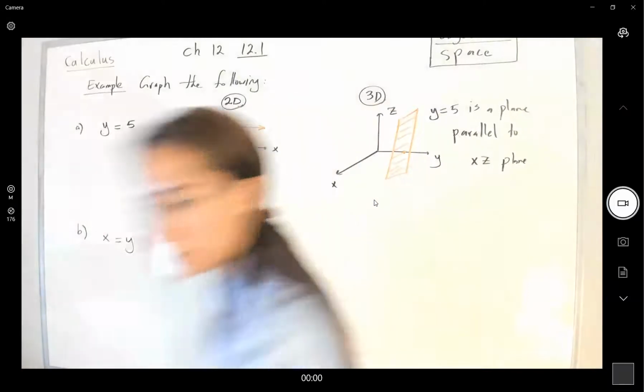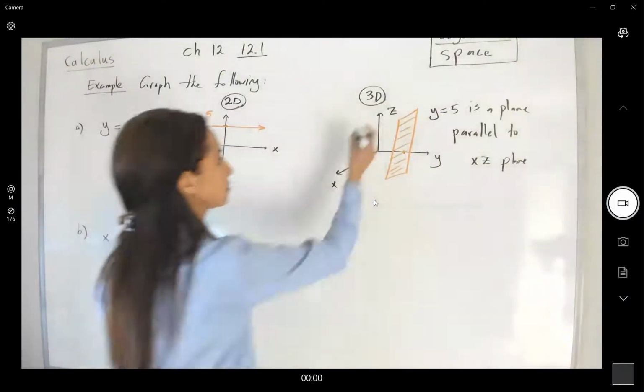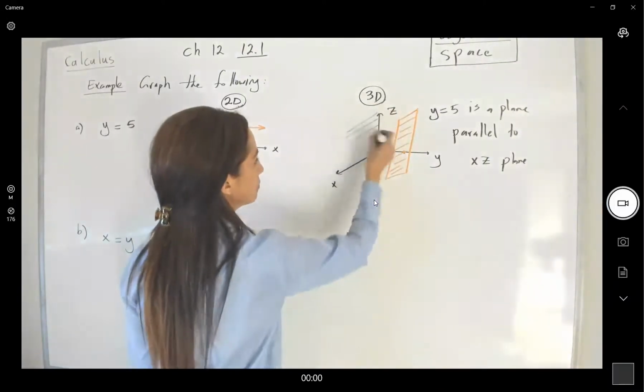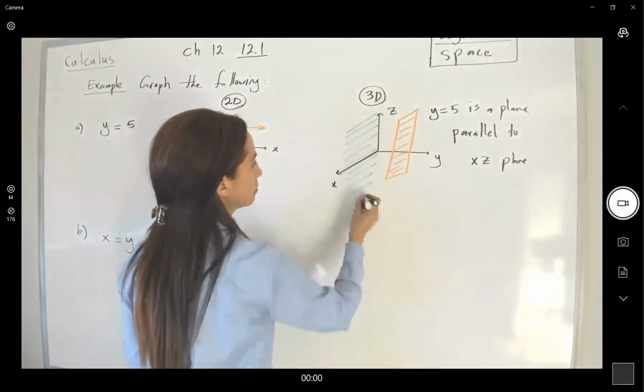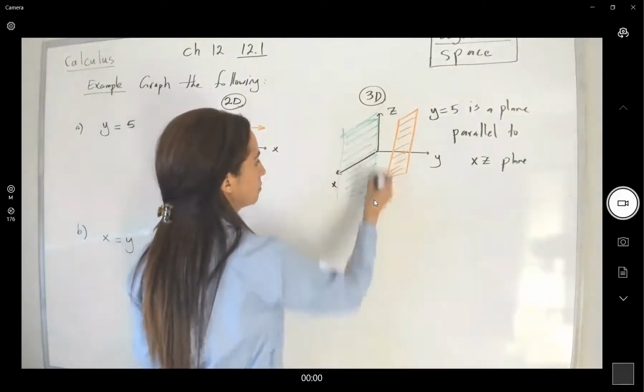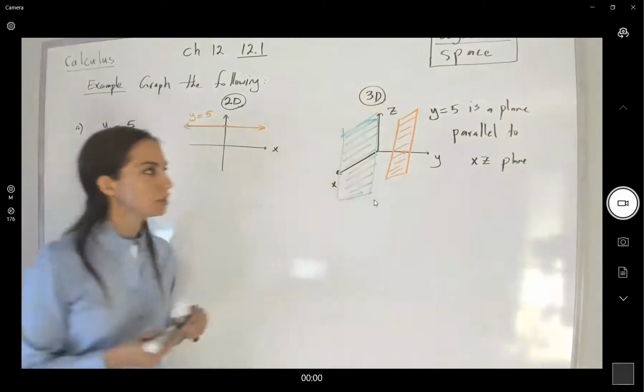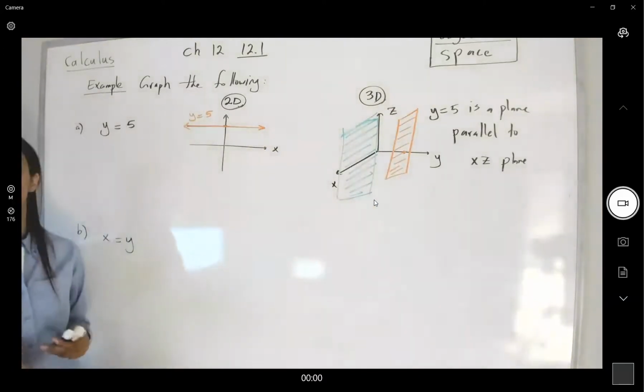So this is our xz plane. It continues, but these two planes are parallel to each other.